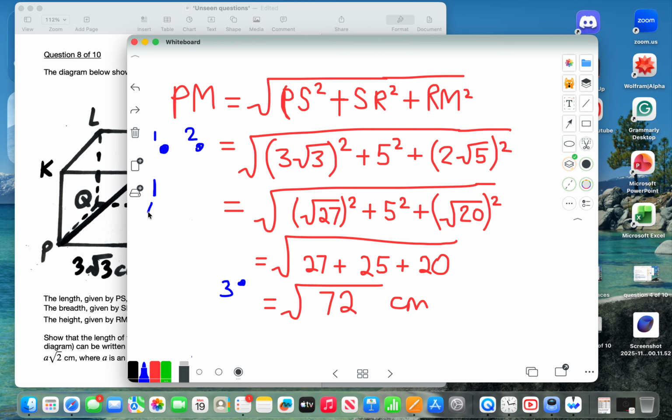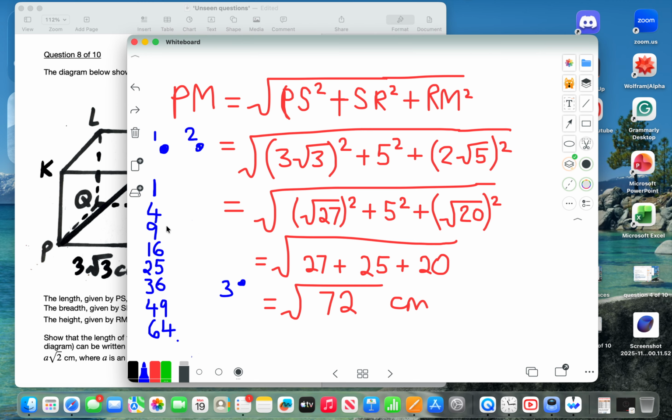So 1, 4, 9, 16, 25, 36, 49, and 64. Now 8 squared is 64, and 9 squared is 81. But because 81 is greater than 72, we will stop at 64.